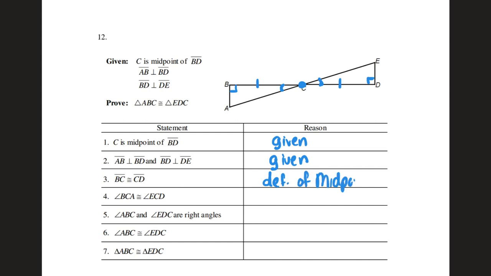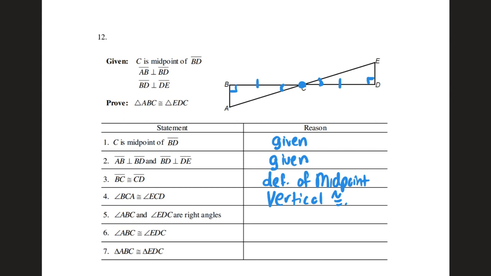Remember that a midpoint is going to cut the segment into two parts. Angle BCA is congruent to angle ECD, definition of vertical angles. We know that vertical angles are congruent.